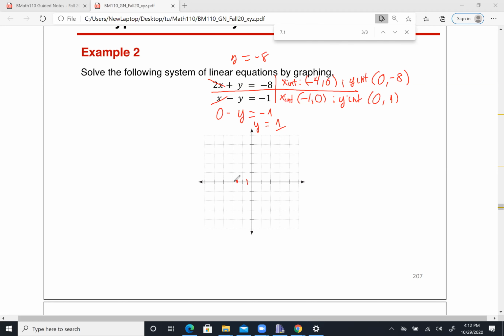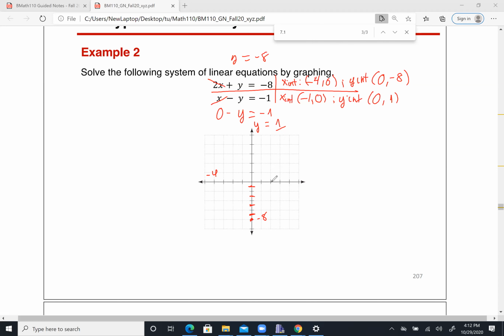So here's -4. Doesn't matter. So here's -4, and then -8. I make the scale different for the y. So 1 2 3 4 5 6 7 8. Here's -8.